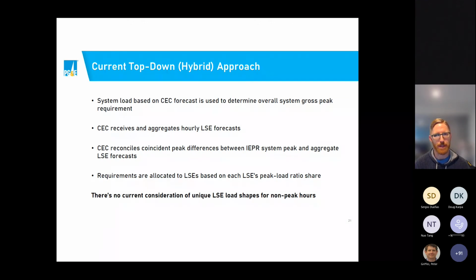Once that overall system level requirement has been established, the CEC receives and aggregates hourly LSE forecasts, and then reconciles coincident peak differences between the system peak and the aggregate LSE forecasts. And then the requirements are allocated to the LSEs based on each LSE's peak load ratio share. An important piece of this is that there's no current consideration of unique LSE load shapes for non-peak hours.